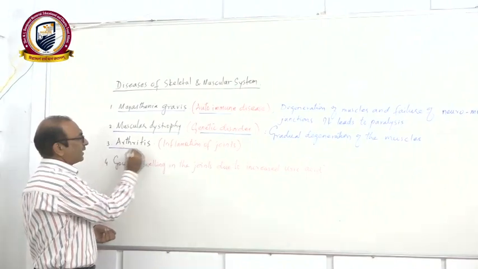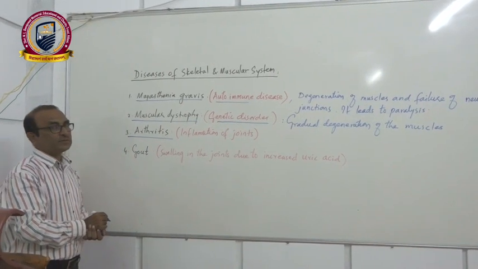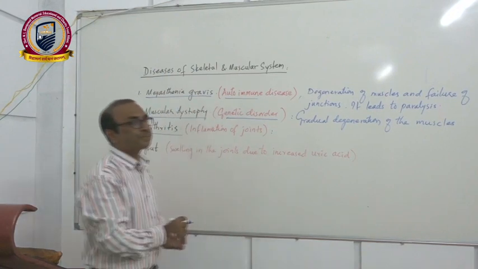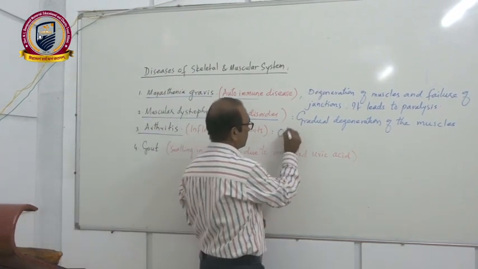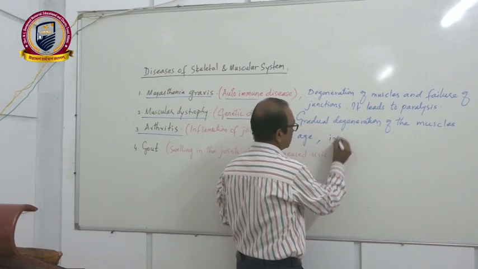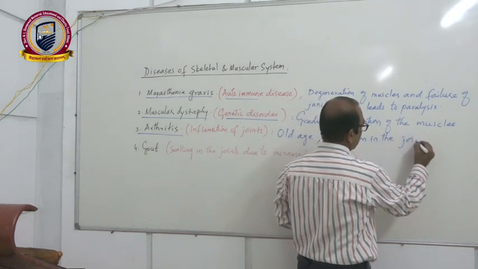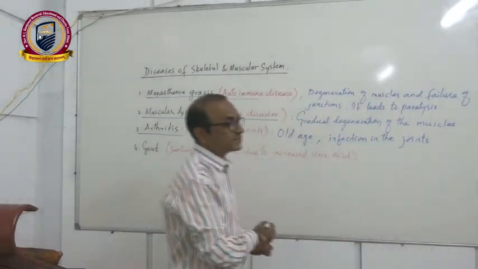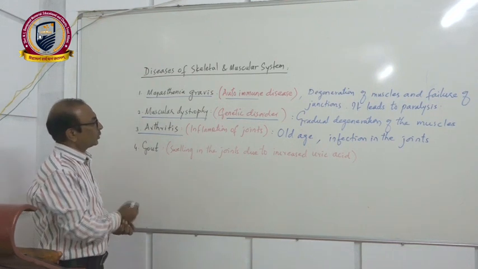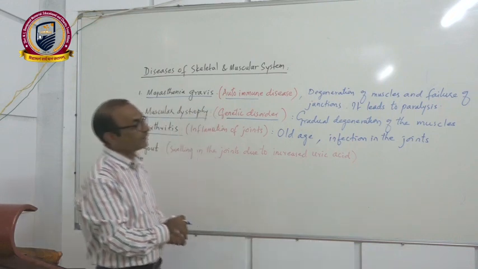And then arthritis, which is a disease of the joint, inflammation in the joints, and this may be due to old age or due to infection in the joints like knee joints, elbow joints, etc. And that leads to inflammation, and a lot of pain will be there in the joints, and even the synovial membrane is destroyed.